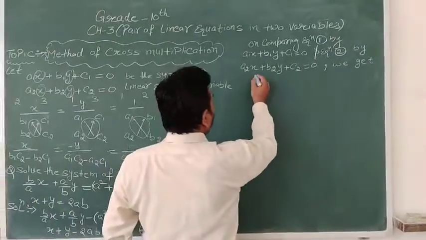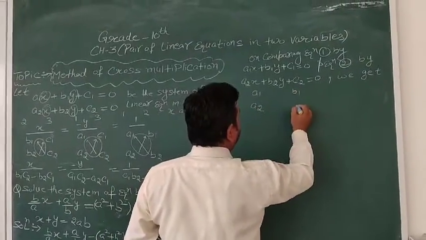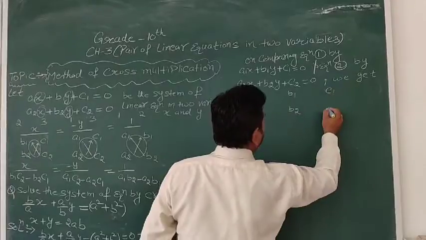So here we have a1, I am writing a2, b1, then b2, then c1 and c2.